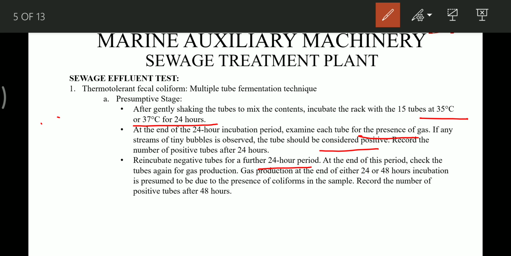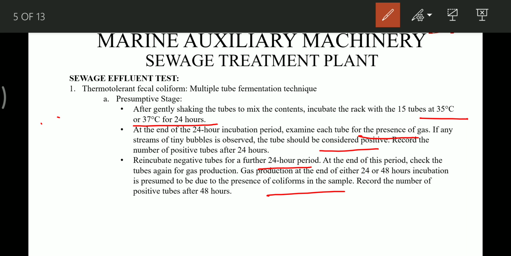Gas production at the end of the 24 to 48 hour incubation period is presumed to be due to the presence of coliform in the sample. This basically gives a presumption that there is a chance of coliform being present in the test tubes.